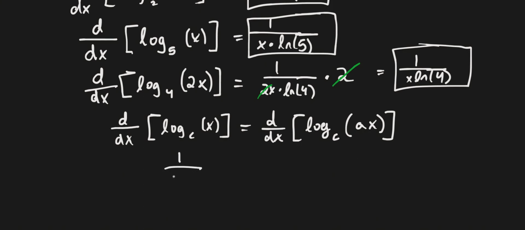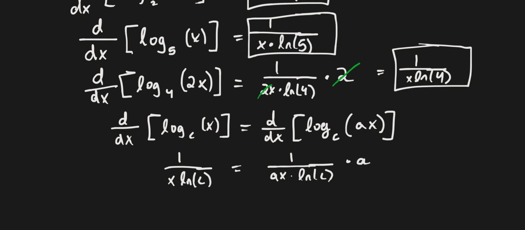So this is just going to be 1 over x, and then of course natural log of c, and this is going to be equal to 1 over ax times the natural log of c multiplied by a, so the derivative of ax, which is just going to be the constant stays the same, and then power rule, 1, bring it down, minus 1 is 0, so it's going to be just a times 1 is a.